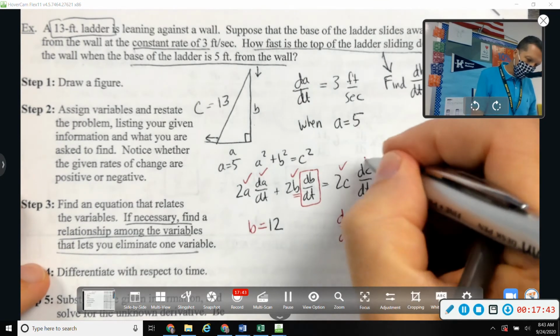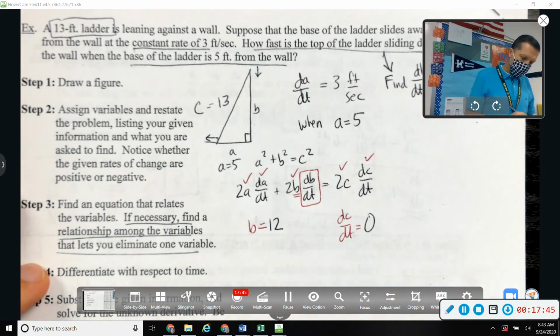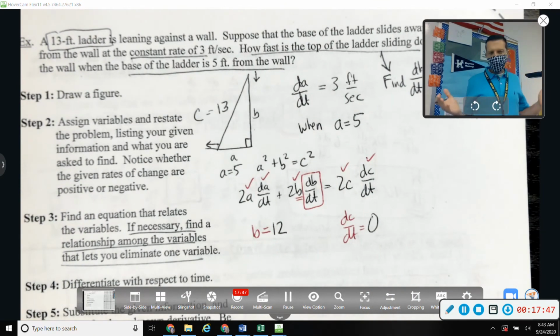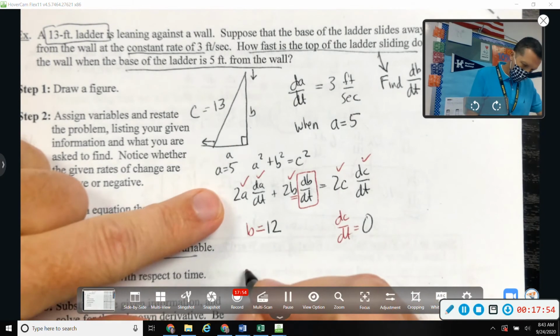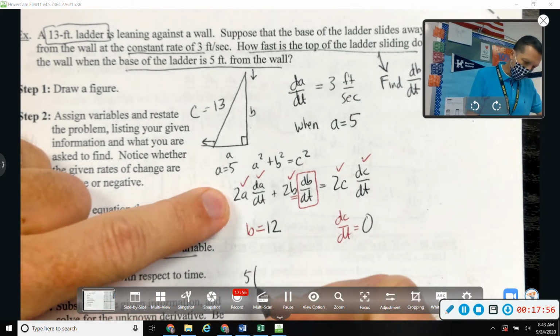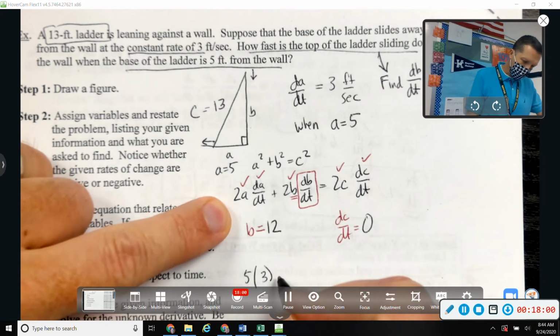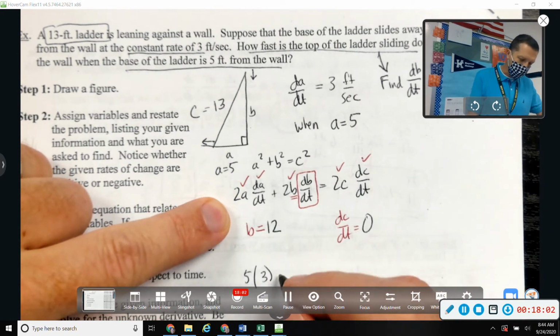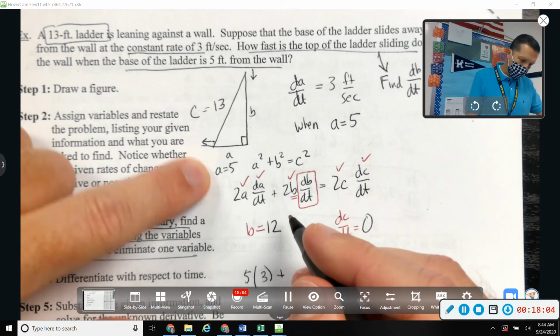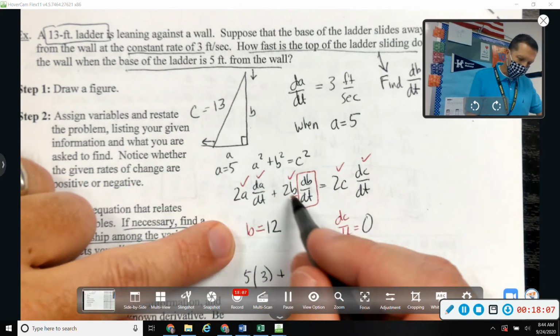So now we know everybody. I guess we could divide by 2 if you want to wipe out all the 2's, make it a little bit easier. So plugging in all the pieces, 5 times 3. I divided by 2, so all my 2's are gone. Plus, man, I got information all over the place.